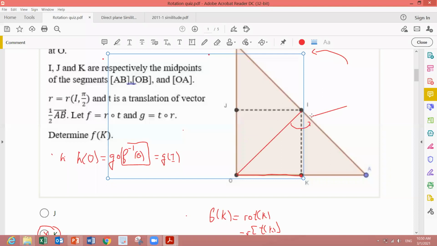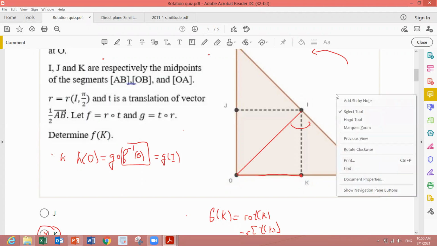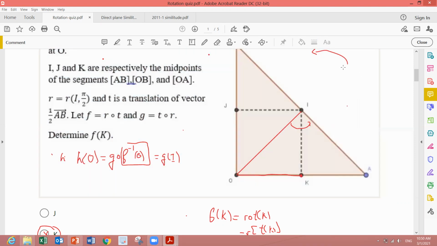Now what is G of I? What is G? What's the center of G? I. No, J. How to rotate I with center J and angle pi over 2? Which point do you get? B. K. Oh my God. K is still.